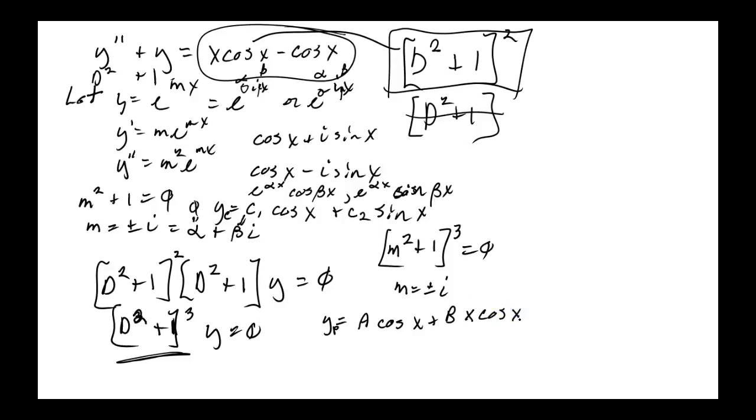That's because the alpha is 0 and the beta is 1.